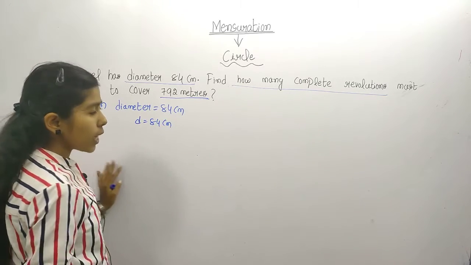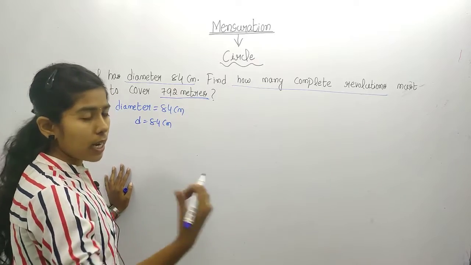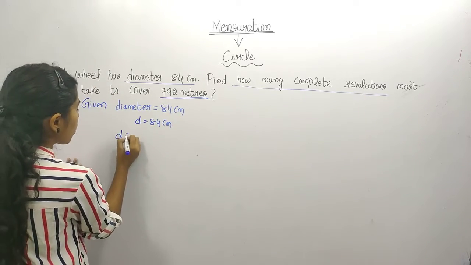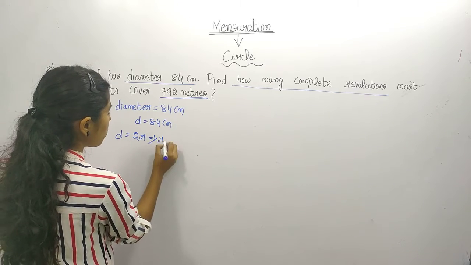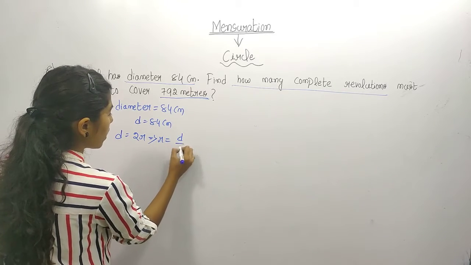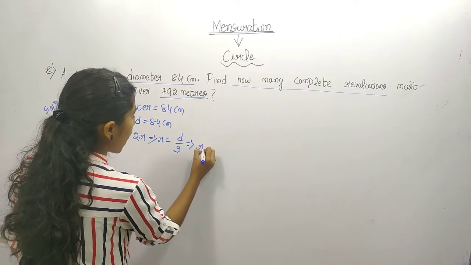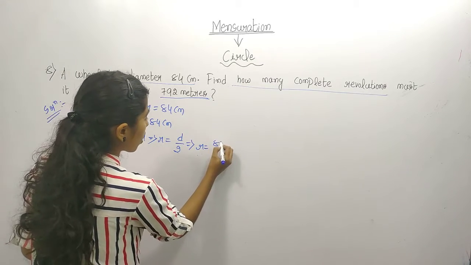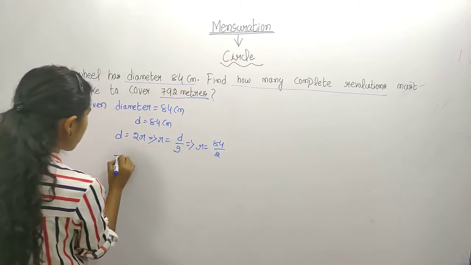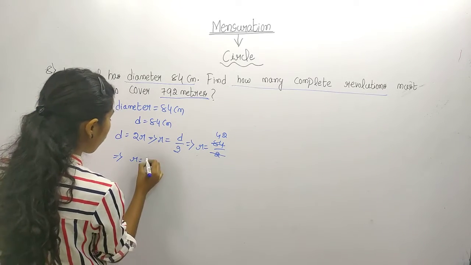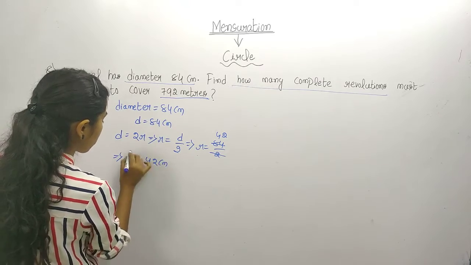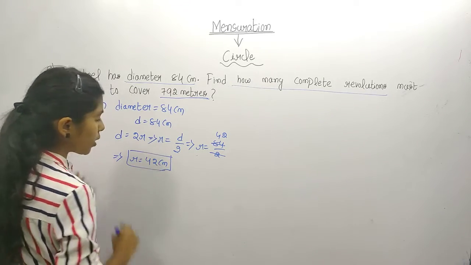We know the relationship between diameter and radius: d equals 2r, right? So the radius will be d divided by 2. So r equals 84 divided by 2, which is 42 centimeter. So the radius is 42 centimeter.